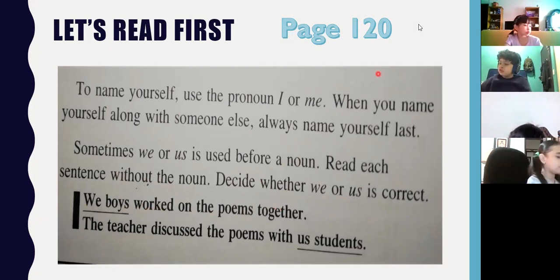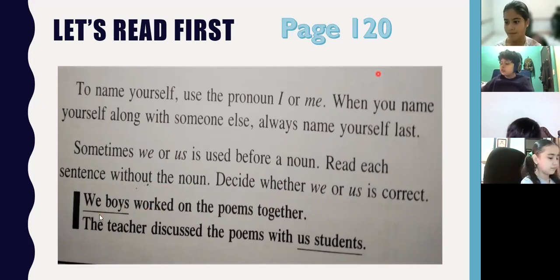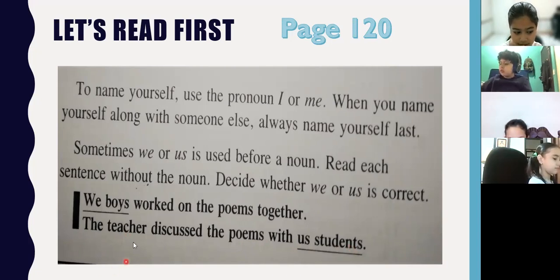Decide whether we or us is correct. Is it correct for you? Do you think that we boys work on the poems together? We can say this. It's used before a noun. We boys work on the poems together. The teacher discussed the poems with us students. Here, as you can notice, we have the pronoun we at the beginning of the sentence.